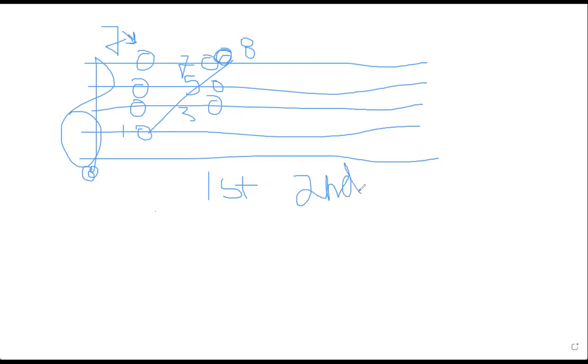Okay, second inversion. We're going to keep the fifth and the seventh only. Oh, and excuse me, we're also going to keep the root as well. Going to keep that up there.